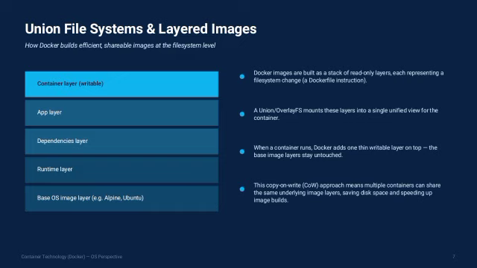When you actually run a container, Docker adds one thin writable layer on top, while the base image layers underneath remain completely untouched. This is called copy-on-write, and it's powerful because multiple containers can share the same base image layers, which saves disk space and makes builds much faster.